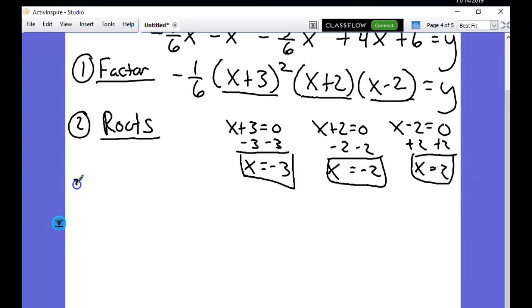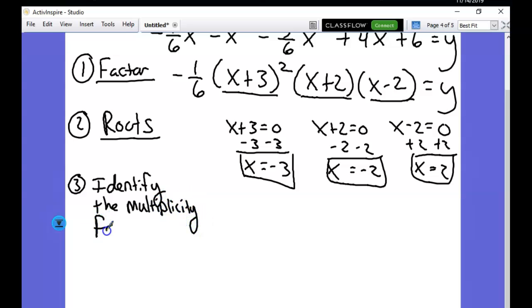The next thing is we're going to identify the multiplicity for each root. I know you're about to go through it, but since there's an exponent over the x plus 3, wouldn't that be? That's the one. Yeah, you're on point. All right.